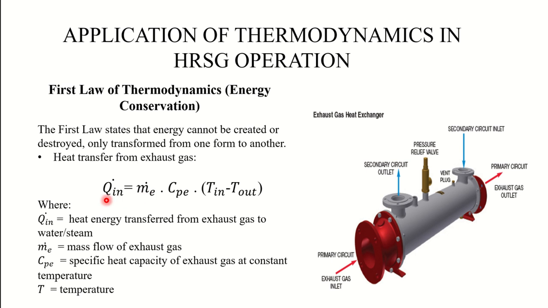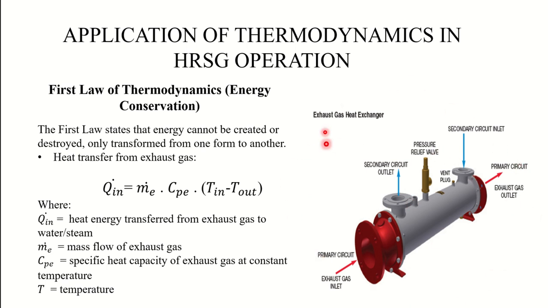Heat energy in, that is the heat energy transferred from exhaust gas to water or steam, equals the mass flow of the exhaust gas multiplied by the specific heat capacity of exhaust gas at constant pressure times the change in temperature, so temperature in minus temperature out.